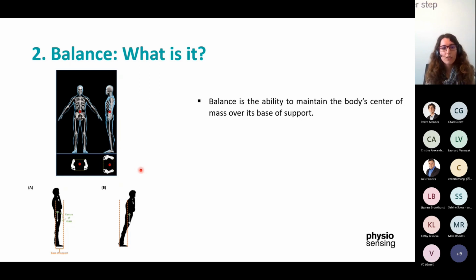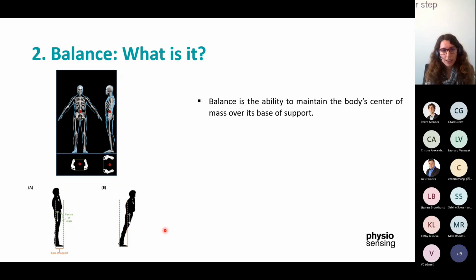This is the physical foundation of instrumented platforms like ours, the force or pressure platform, which obtain this golden measure, the COP, or center of pressure. When the center of pressure goes beyond the base of support, the body can get unstable and even fall.